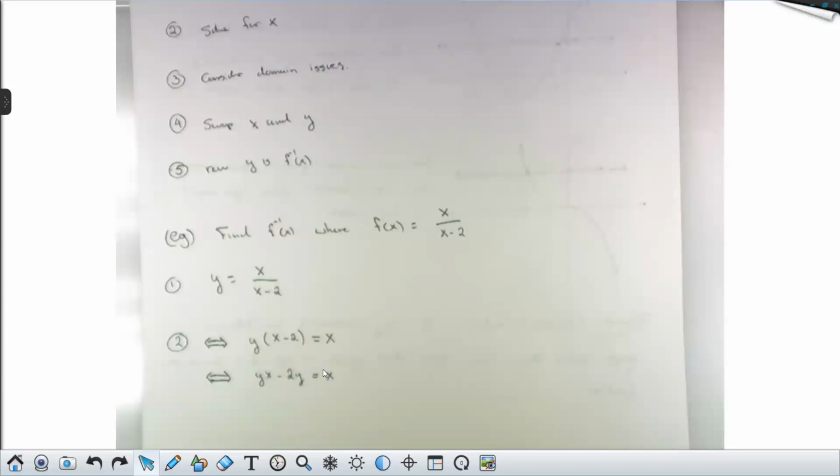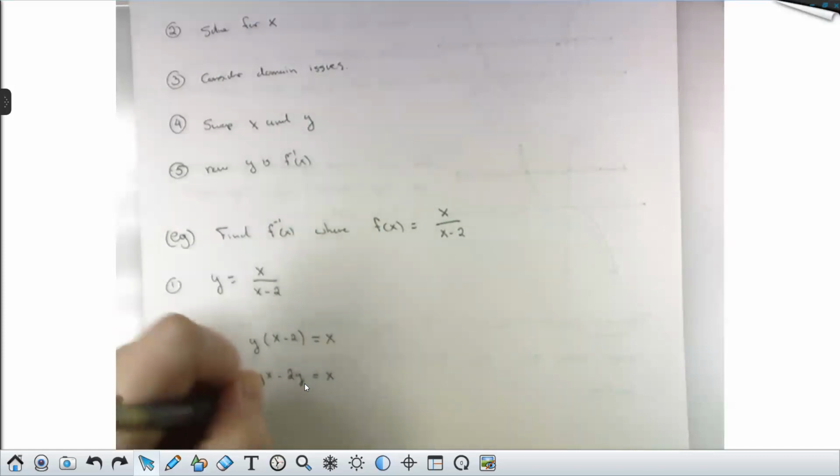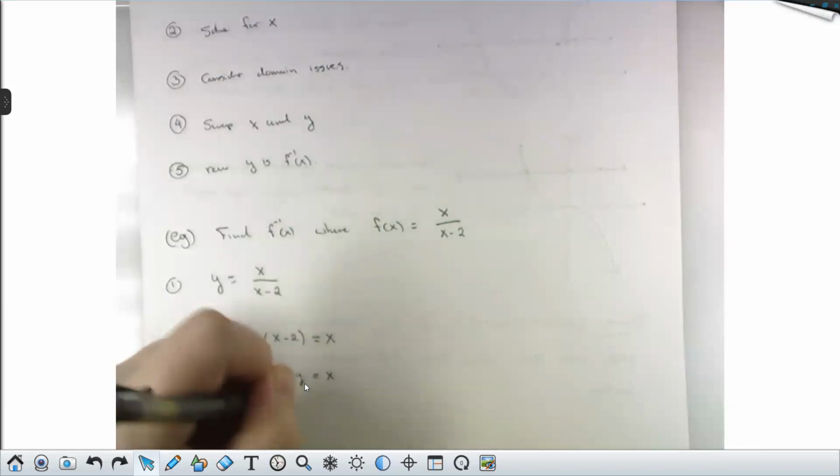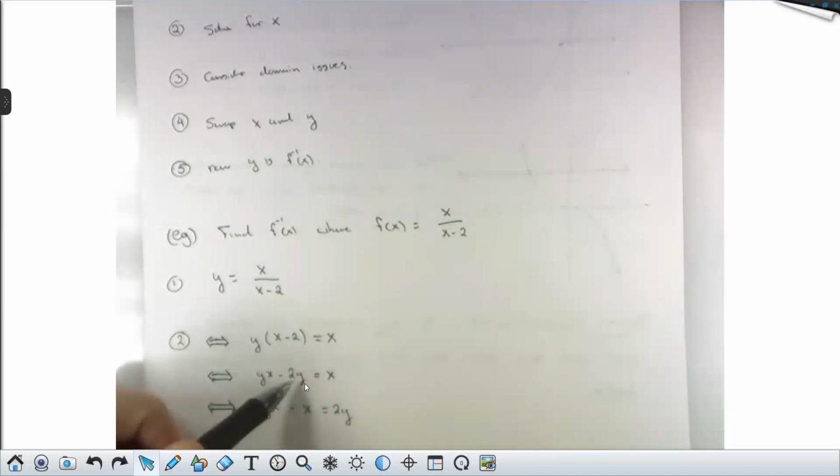But if I subtract this guy over to the left and I add this guy over to the right, I'll have yx minus x equals 2y. I've added this to both sides and I've subtracted this from both sides.